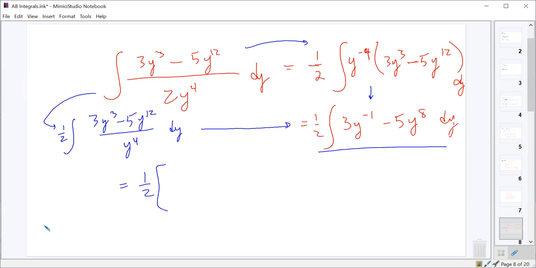Should be right there on your integral rule sheet that's in the Google Drive. What should the integral of y to the negative 1 be? Still no, it's on your integral sheet. You got to look through your integral sheet.